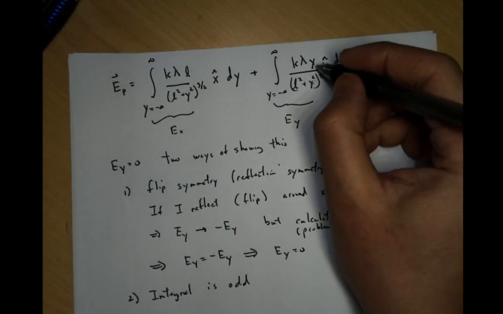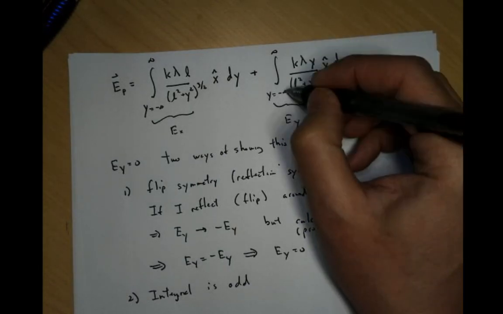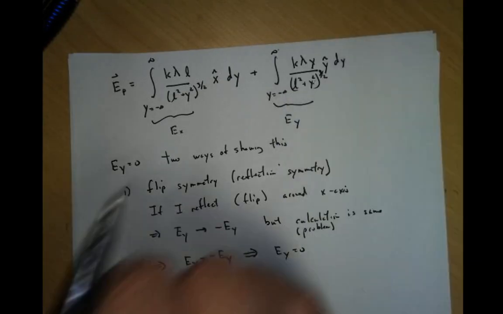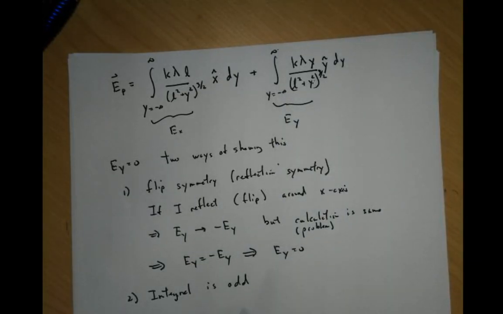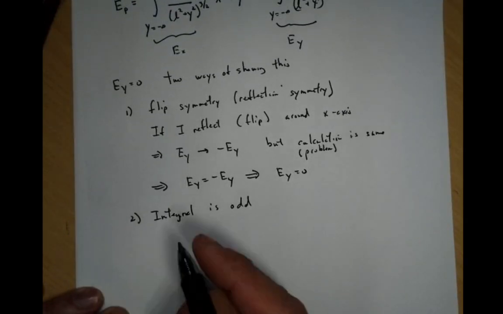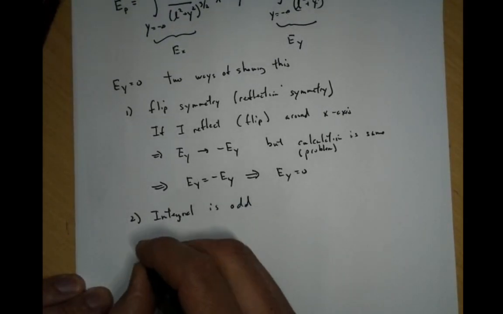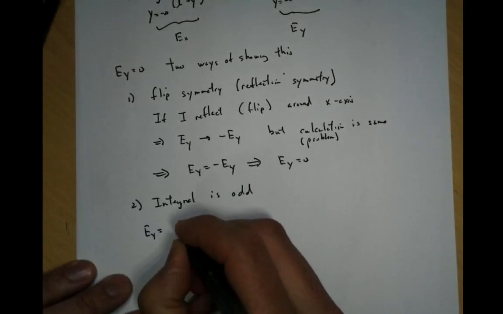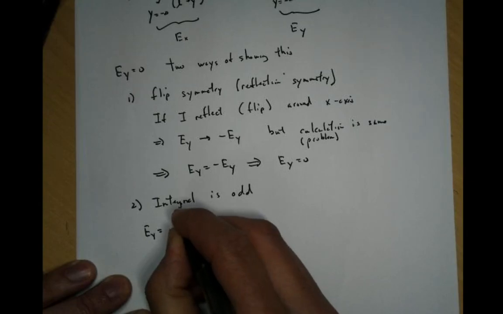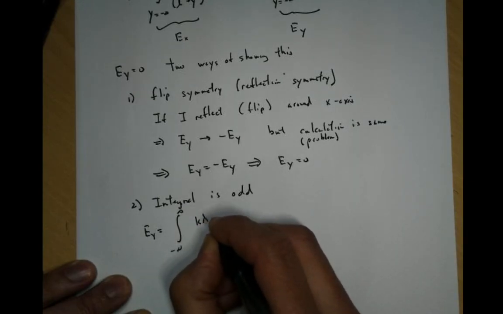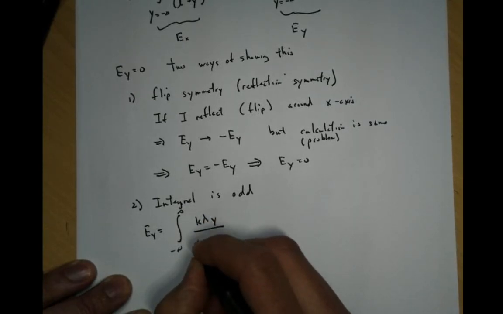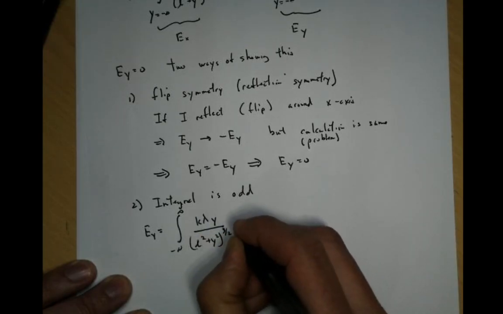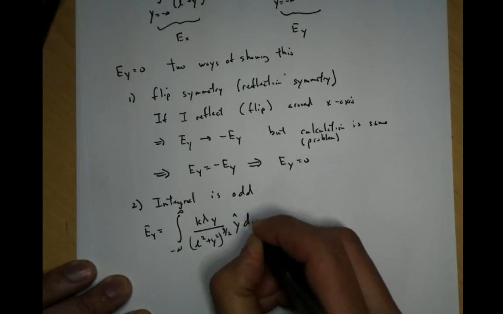And anytime you have an odd integrand and you're integrating over an even domain, it's the same amount negative as positive, so that integral always turns out to be 0. So we can actually go ahead and do that. If I write down the integral here, Ey is equal to the integral from minus infinity to infinity of k lambda y over (L squared plus y squared) to the 3/2 power y hat dy.